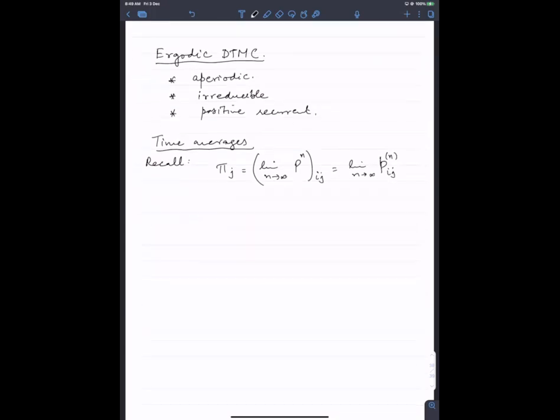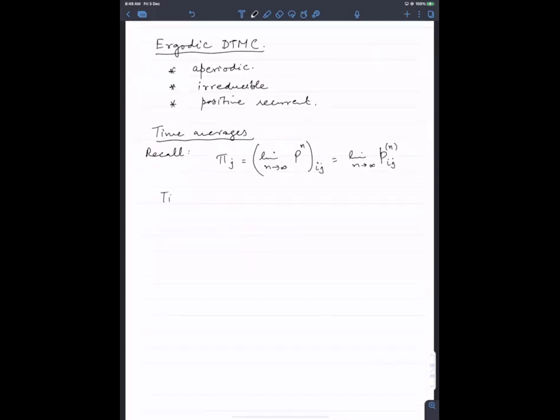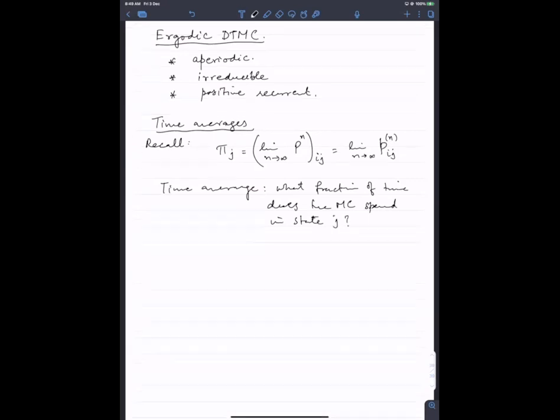So time average, as we described before, is what fraction of time does the Markov chain spend in state i or state j. ये fractions of time है.